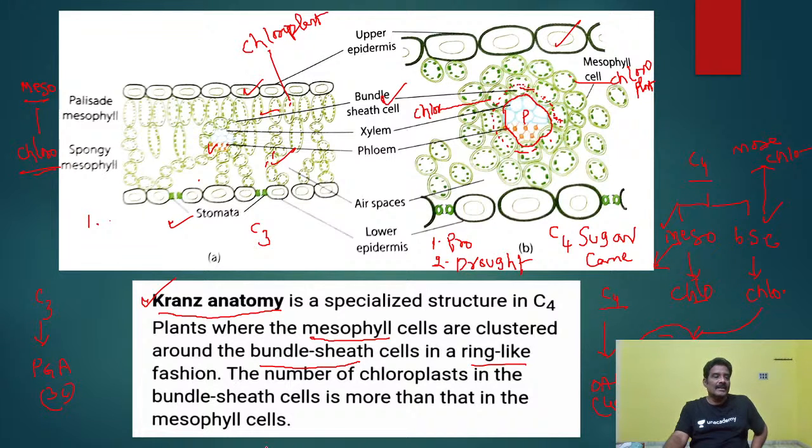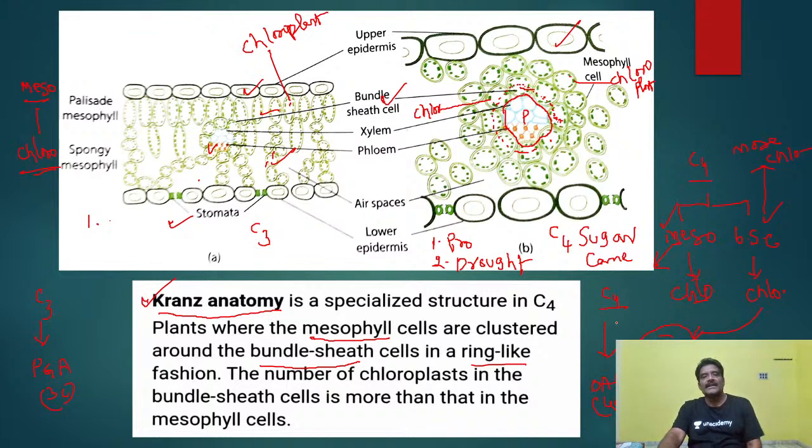Earlier, only the 3-carbon compound was found, and afterwards the 4-carbon compound was identified in sugarcane and similar plants.